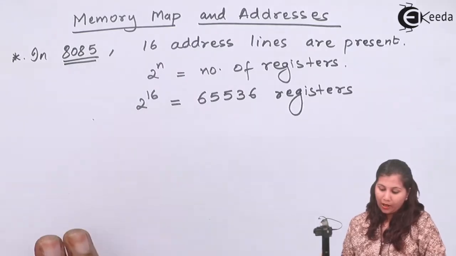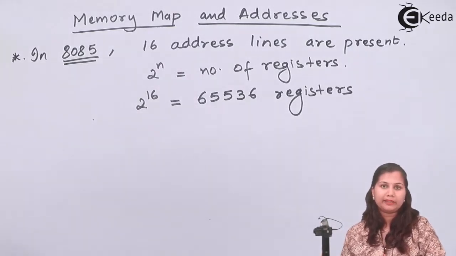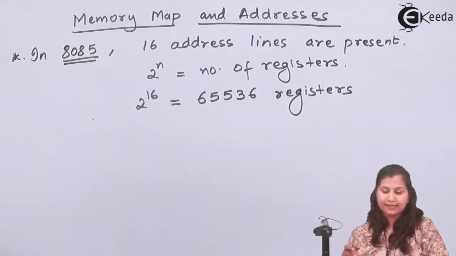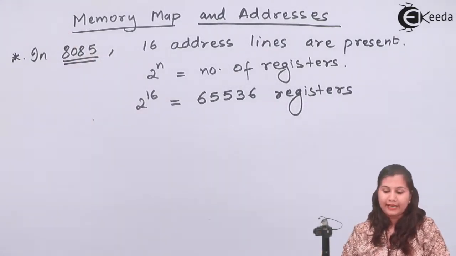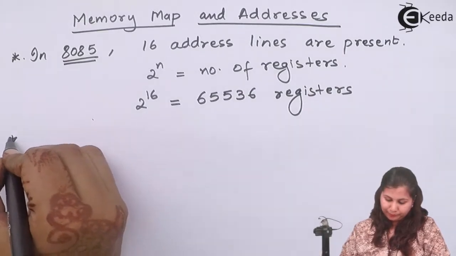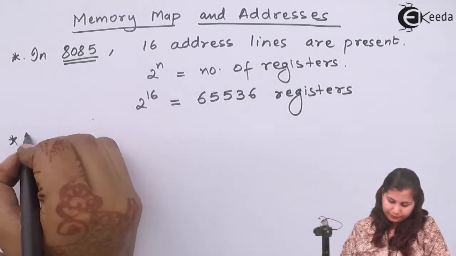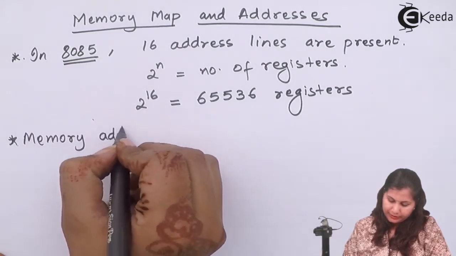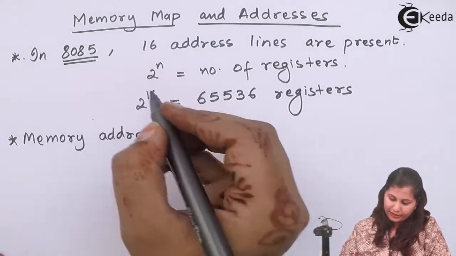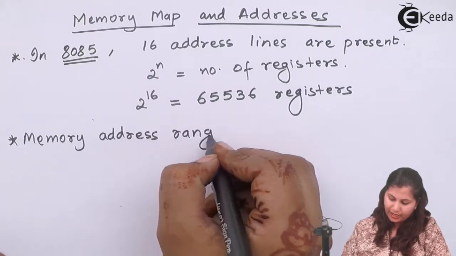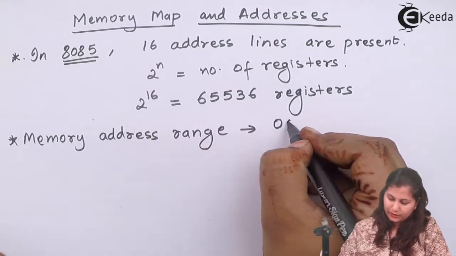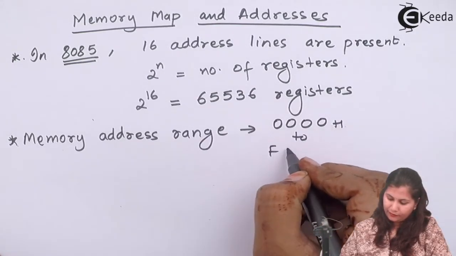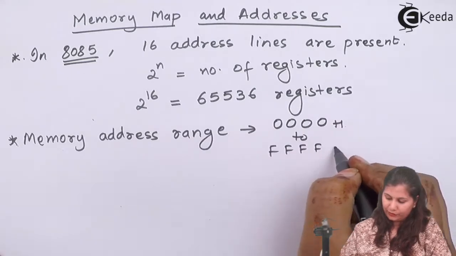Now how can we decide the memory range, that is, from which address to which address this microprocessor can address the memory? The memory address range of 8085 starts from 0000H to FFFFH.